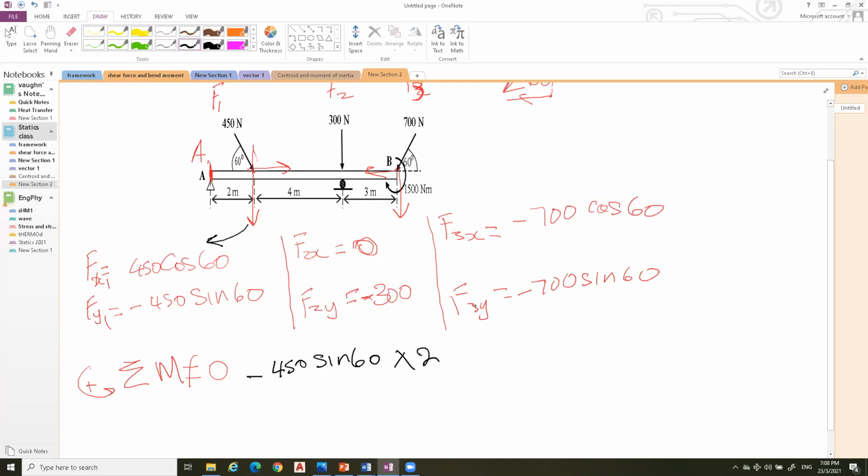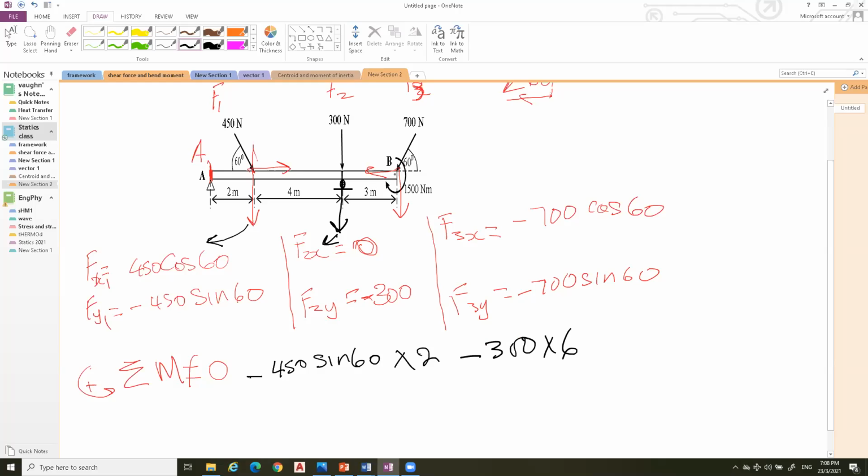All right. The next one, the 300 force. The 300 force is acting through here, and it says 2 plus 4. What's that? 6. It's going to tend to turn it the same way, clockwise, which is minus. So it's 300 times 6. And what's the next one, folks? We have 2 more components.